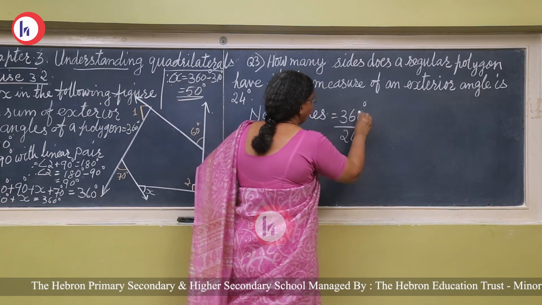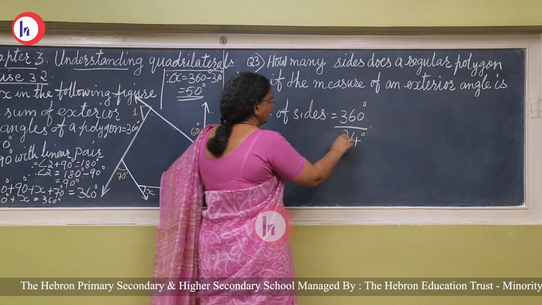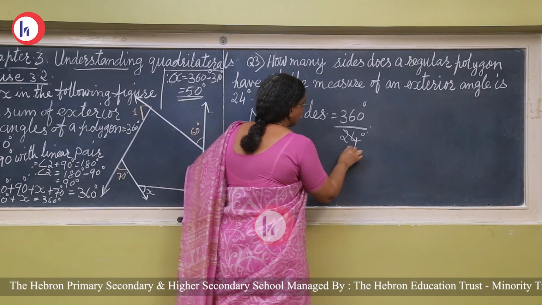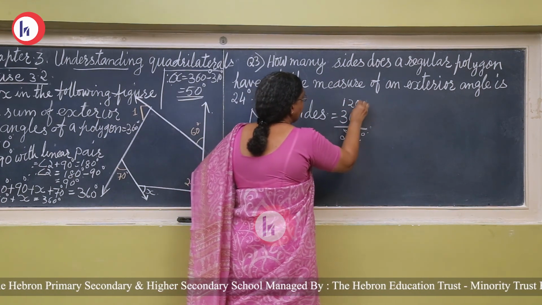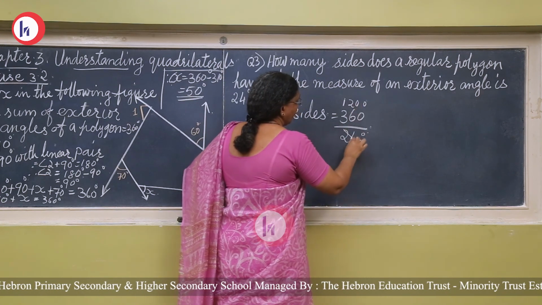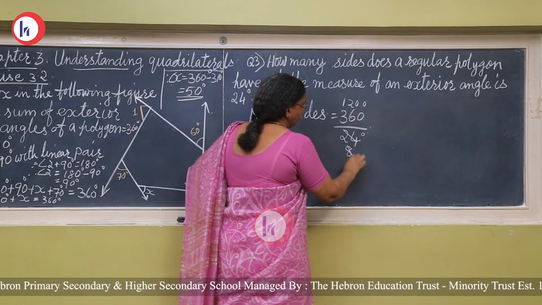First we can cancel with 3. 8 threes are 24. Here 1, 2, 0, so 120. Now again 8 you can cancel.